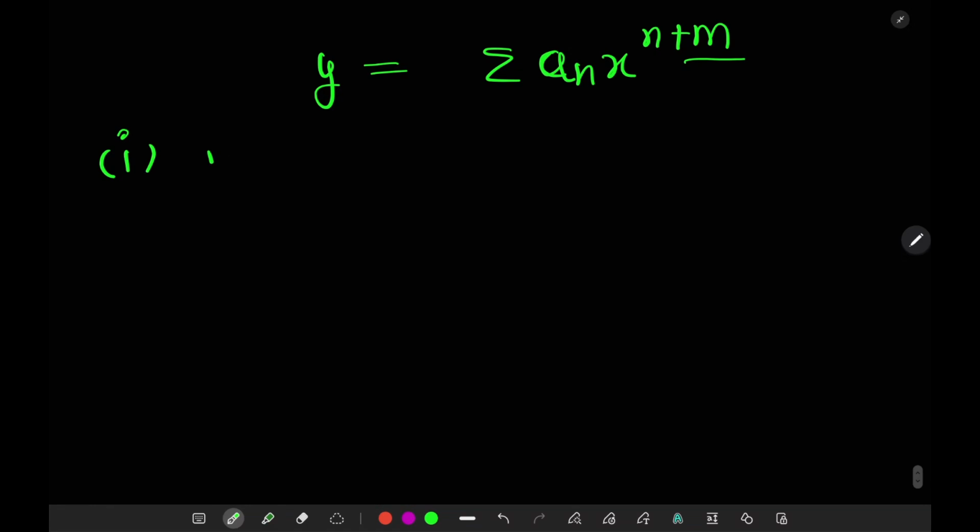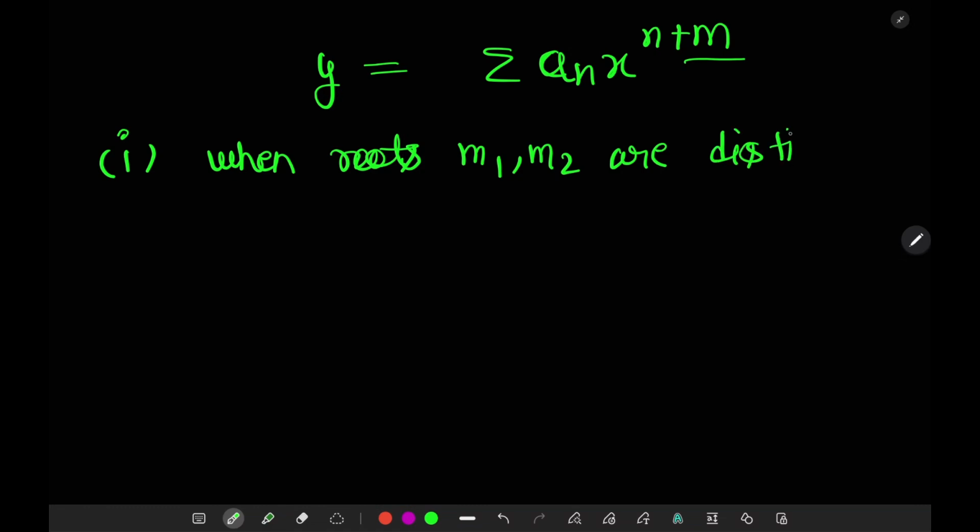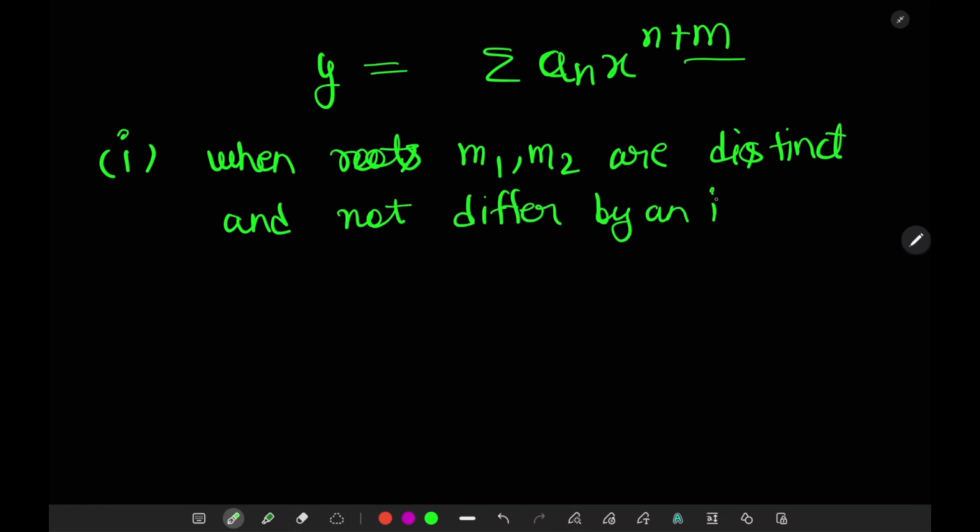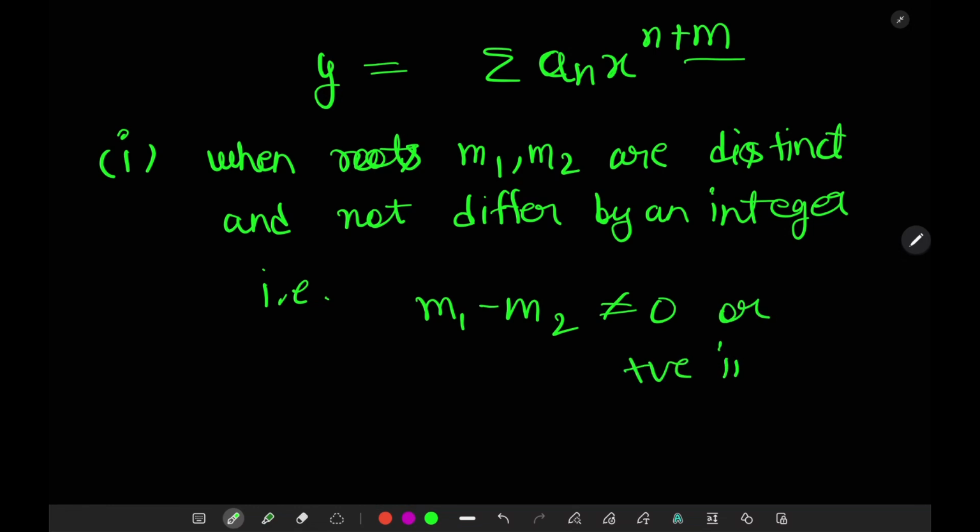First case is when roots m1, m2 are distinct and do not differ by an integer, that is, if we do m1 minus m2 it does not equal 0 or a positive integer.